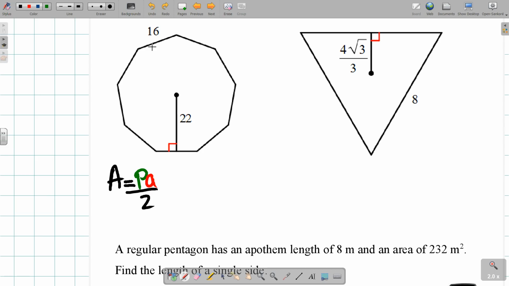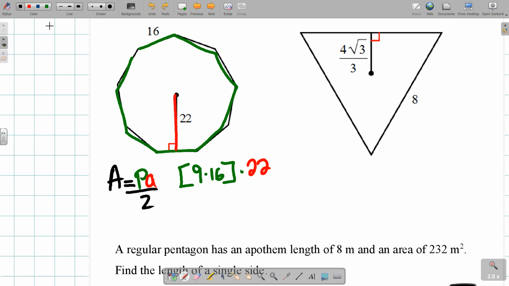So you walk the perimeter around: 1, 2, 3, 4, 5, 6, 7, 8, 9. Our perimeter is going to be 9 times 16, times the apothem, which is 22, over 2.